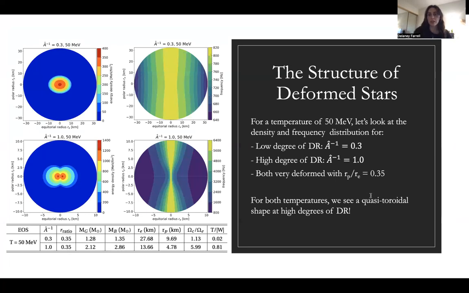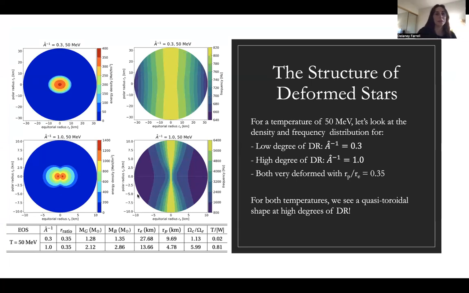So using this numerical scheme, we're able to construct models of deformed neutron stars with varying degrees of differential rotation. I'm showing here results for stars constructed at a temperature of 50 MeV. In the plots on the left side, the first column shows density profiles for two different stars.